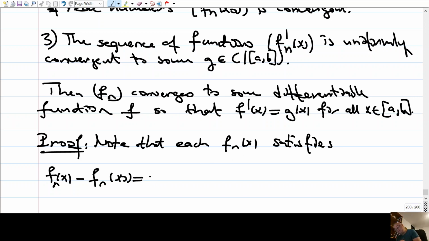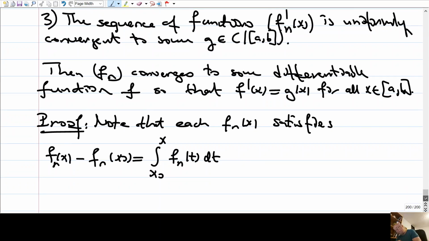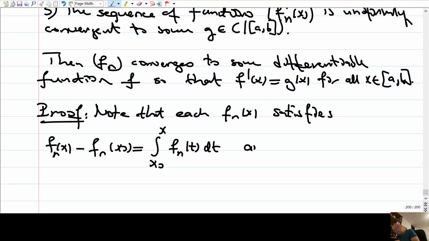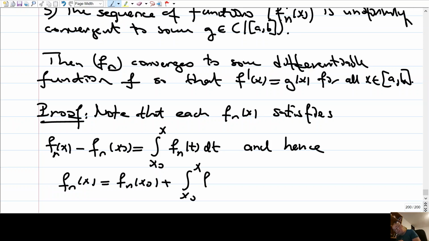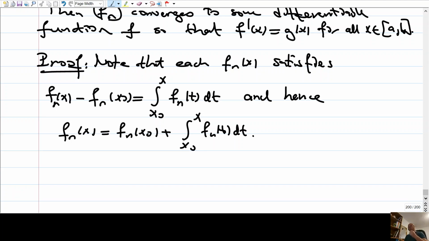Since Fn is continuously differentiable, this is just equal to the integral from x0 to x of Fn prime t dt, and hence Fn of x is equal to Fn of x0 plus the integral from x0 to x of Fn prime t dt. Sorry, Fn prime, I should say, the derivative. This is just the fundamental theorem of calculus. I just rewrote it.